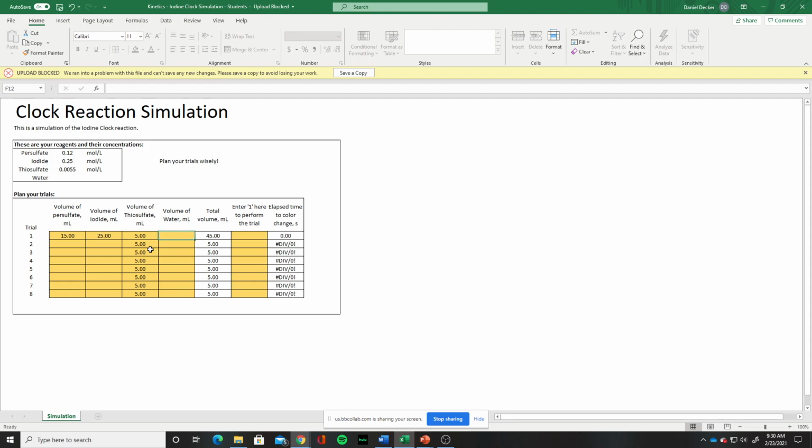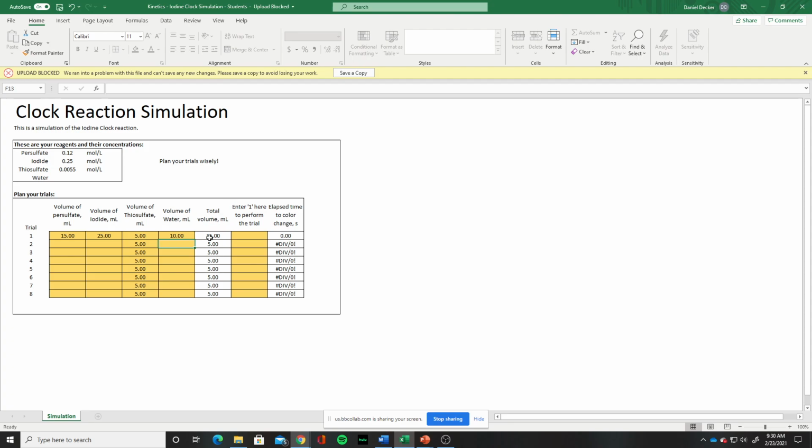And we want to have somewhere between 50 and 60, if I remember correctly, is what it suggested for the total volume. I only have 45, so I'll go ahead and do 55 for each of my experiments. And so I have my values input there. And again, it doesn't actually matter what each of these things are. I'm just going to pick numbers that I want.